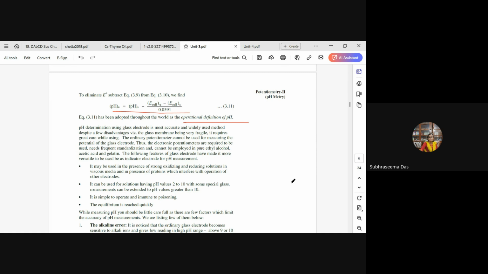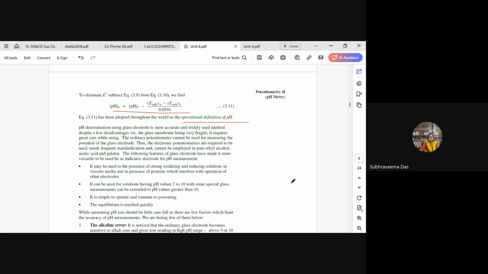However, there are certain disadvantages associated with the use of this glass electrode. The first is that the glass membrane is very fragile and requires great care during handling. Also, ordinary potentiometers cannot be used for measuring the potential of the glass electrode. Thus we use electronic potentiometers, and with the use of such electronic potentiometers, standardization becomes an issue.